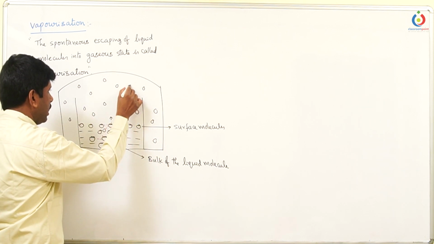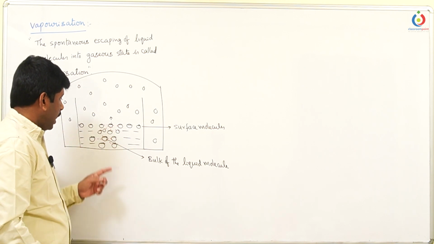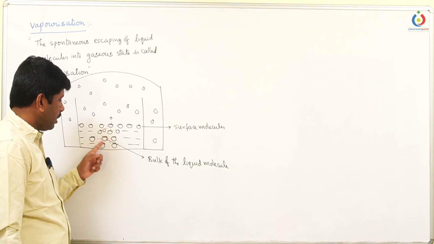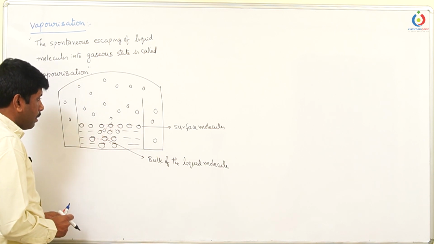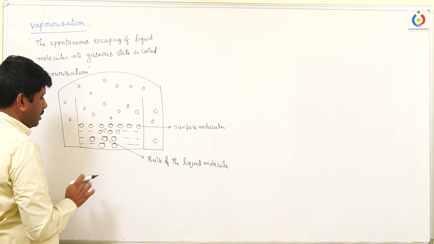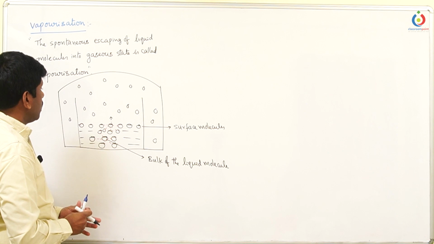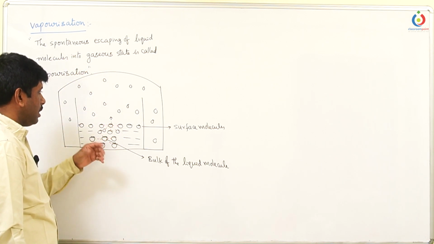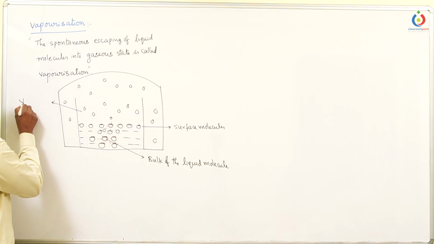They occupy all the available space above the surface of the liquid. The bulk molecules do not vaporize because they have higher attractive forces and less kinetic energy. So here the molecules are spontaneously escaping into the gaseous state without any energy being provided. That's why the spontaneous escaping of liquid molecules into the gaseous state is called vaporization.